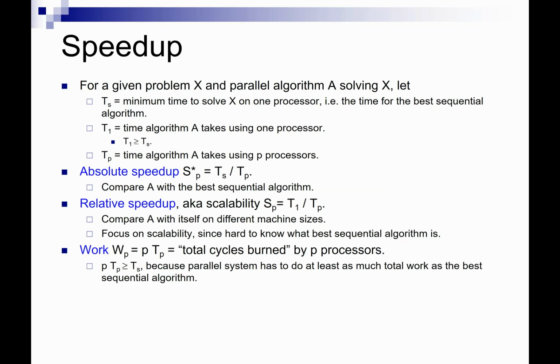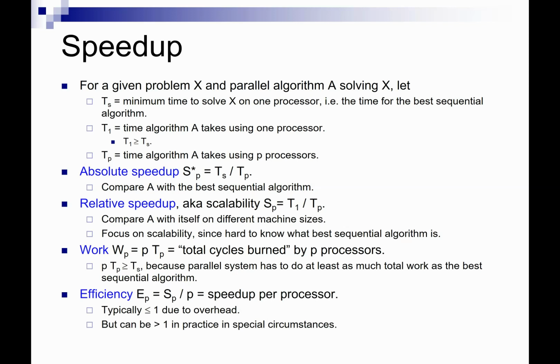Now W sub P is the amount of work that our parallel algorithm A is doing, and the amount of work that A does has to be at least as large as the amount of work that the best possible algorithm does. So we have W sub P at least equal to T sub S.